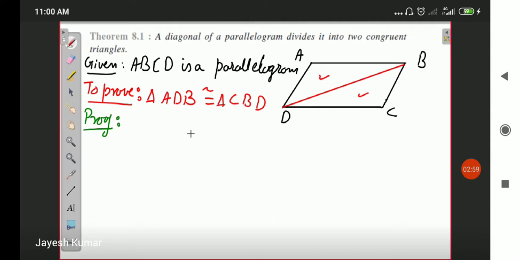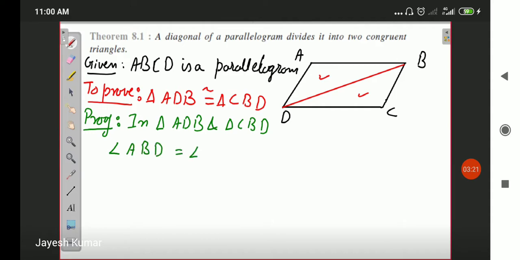In order to prove this, let us first focus on both of these triangles, triangle ADB and triangle CBD. In these two triangles, first of all, angle ABD and angle BDC are equal. Why so? The reason is as important as the result.